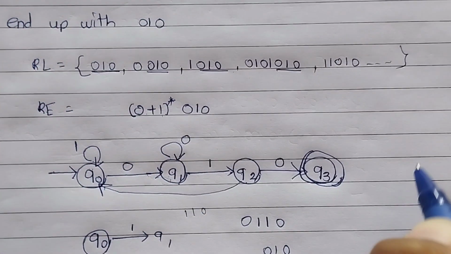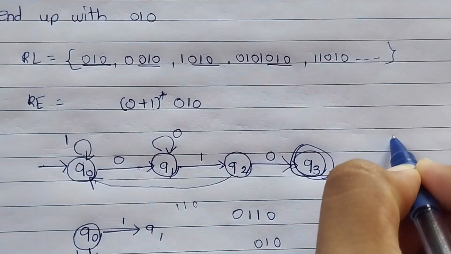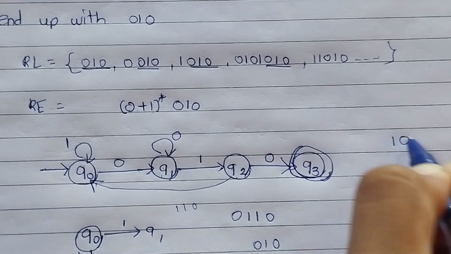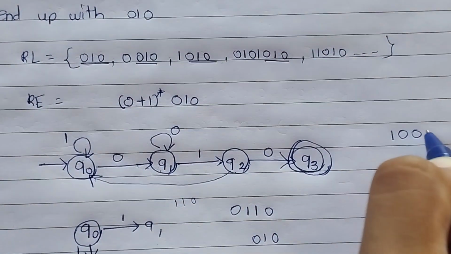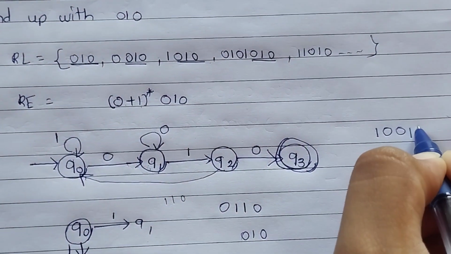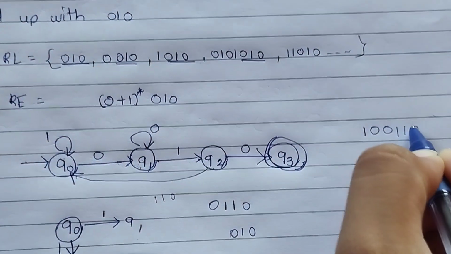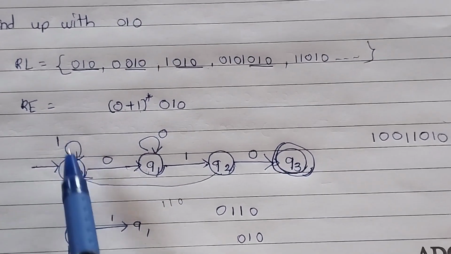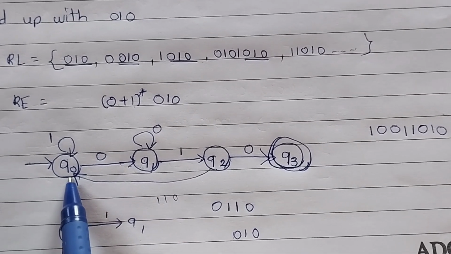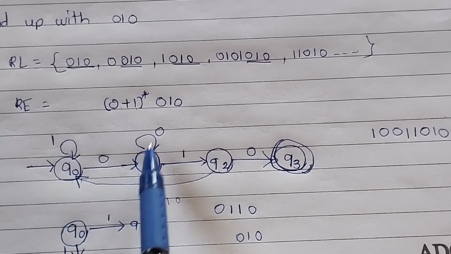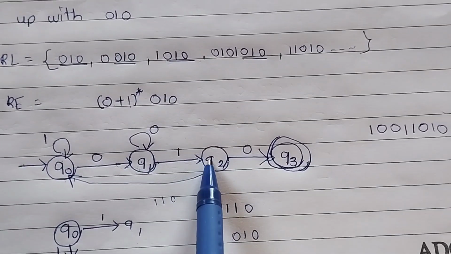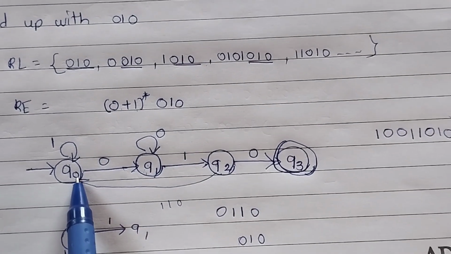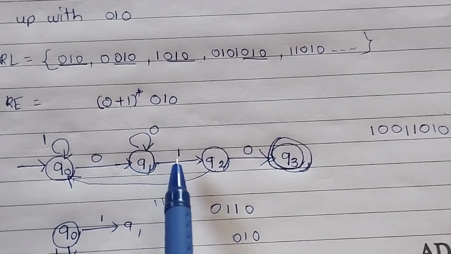So let's suppose this string is 1 0 0 1 1 0 1 0. How is it processed? 1 is accepted by q0, then 0, then again 0, then 1, again 1 goes to q1, then 0 1 0.